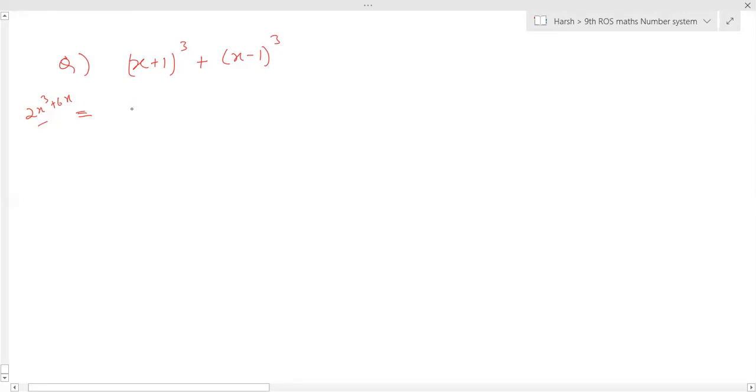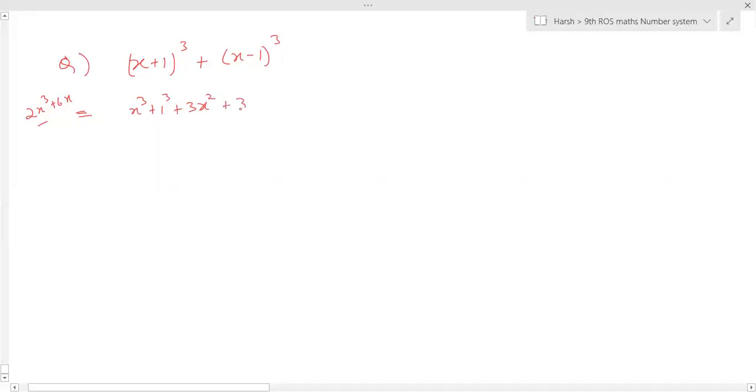Yes, Navika. Yes, sir. X plus 1 the whole cube can be written as x cube plus 1 cube plus 3x square plus 3x.